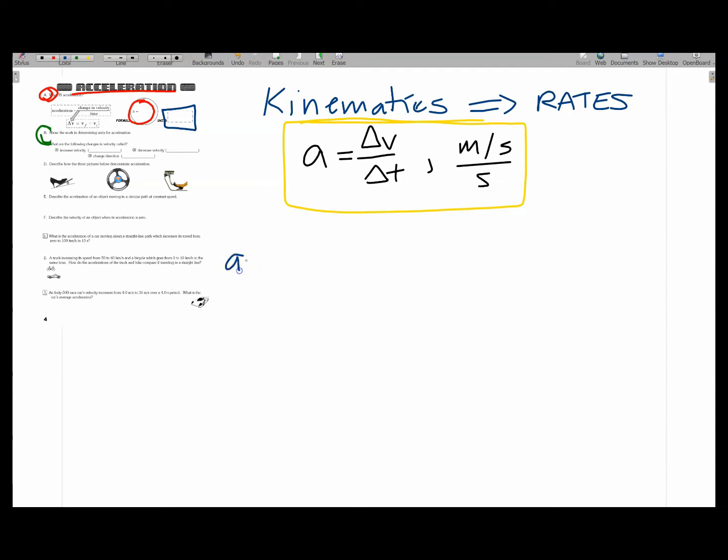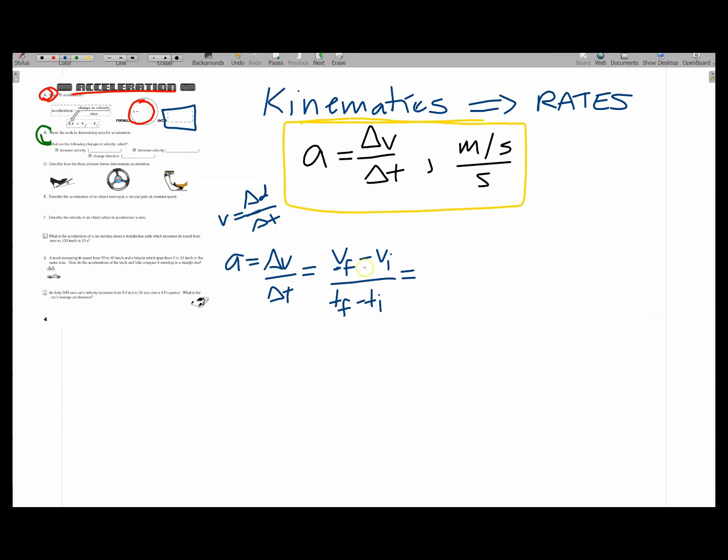So acceleration is, in fact, the rate at which you change velocity. We know that change of velocity is v sub f minus v sub i, and change in time, delta t, is t sub f minus t sub i. Velocity right here, I know that velocity is the rate at which I displace.